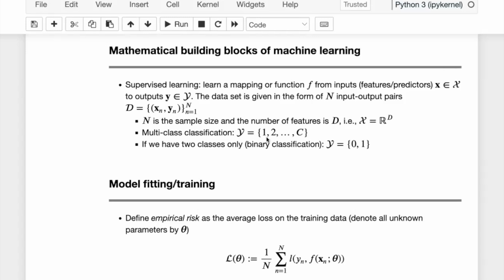But obviously, this doesn't mean that one class is 2 times the other one. So we do not really assign any numerical value to these. It's just to distinguish between them.